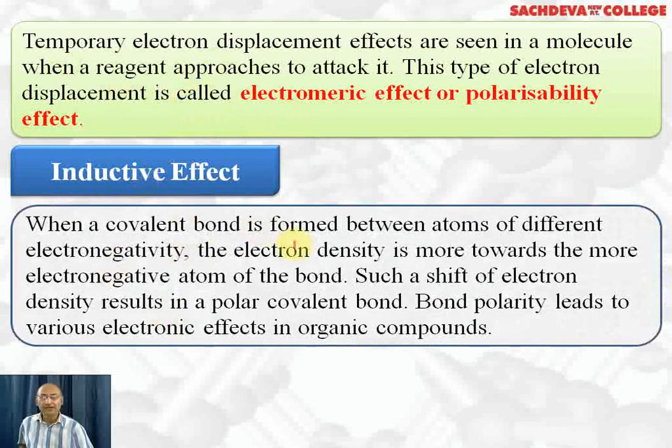When a covalent bond is formed between atoms of different electronegativity, the electron density is more towards the more electronegative atom of the bond. Such a shift of electron density results in a polar covalent bond. Bond polarity leads to various electronic effects in the organic compound.